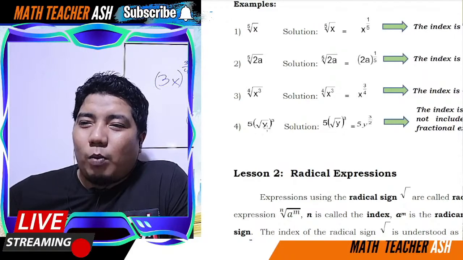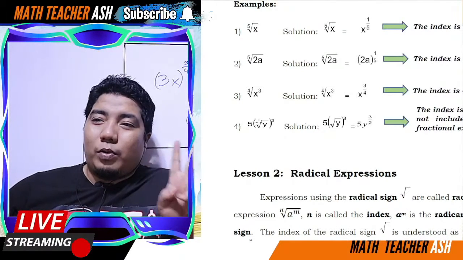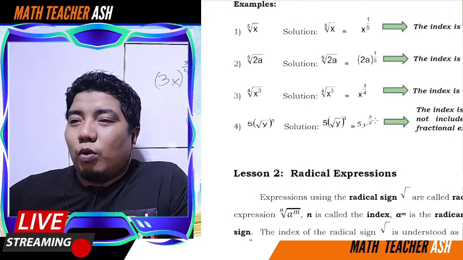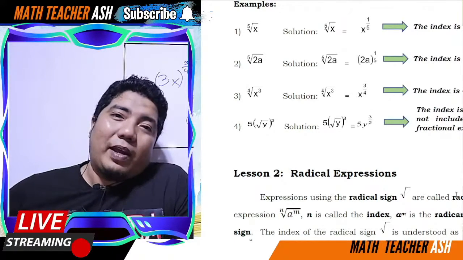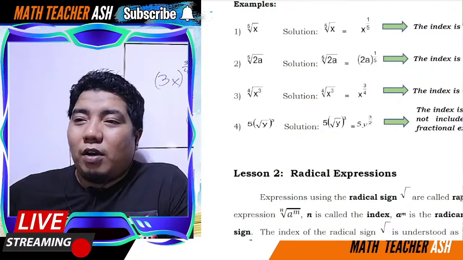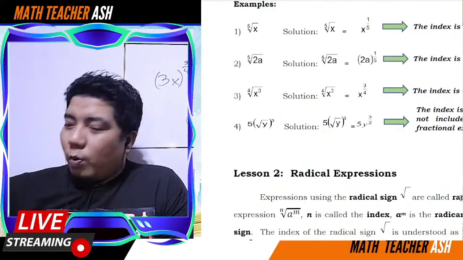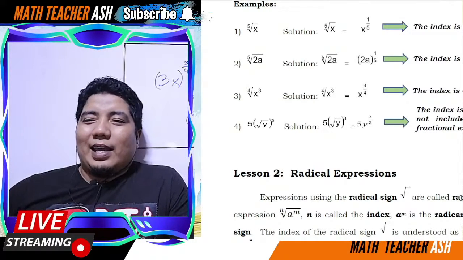And then we write our y. Now, ano ang index dito? Okay, that is 2, right? Because wala tayong nakikita, so understood that is 2. So, over 2 ka dyan, then your numerator will be 3, giving you the final answer, 5y to the power of 3 over 2. And that is how you convert radical to exponential and exponential to radicals.